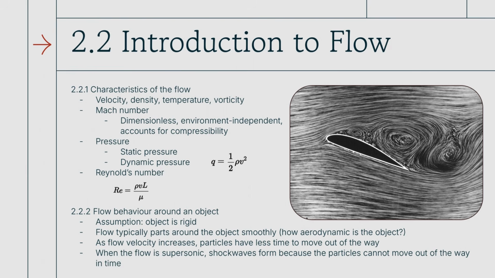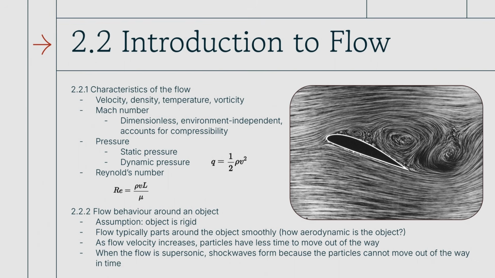So the flow behavior around an object is something that you want to make sure you develop a really good intuition for. The flow is going to separate and smoothly part around objects depending on how aerodynamic they are. One assumption we make here is, let's say you have an object in a flow.